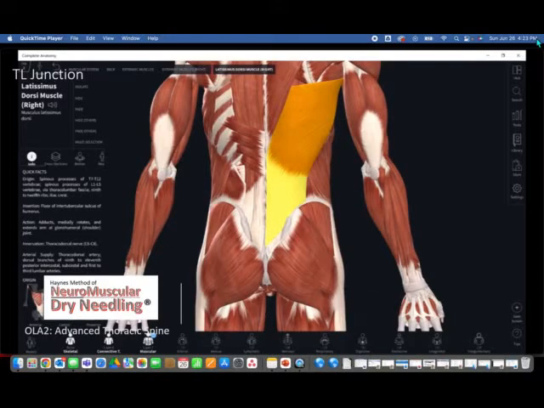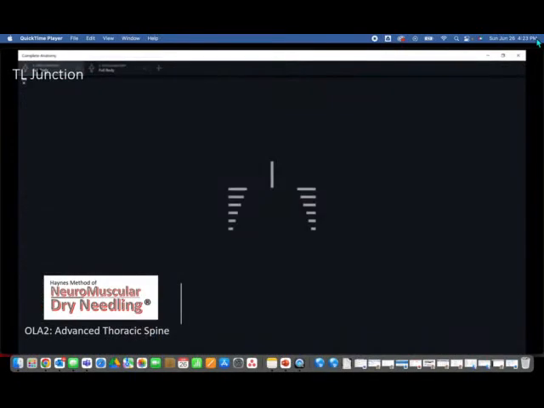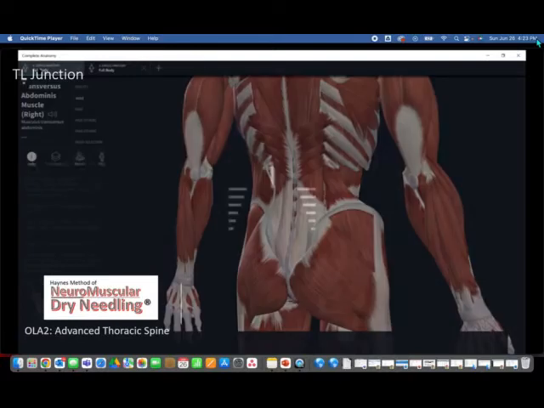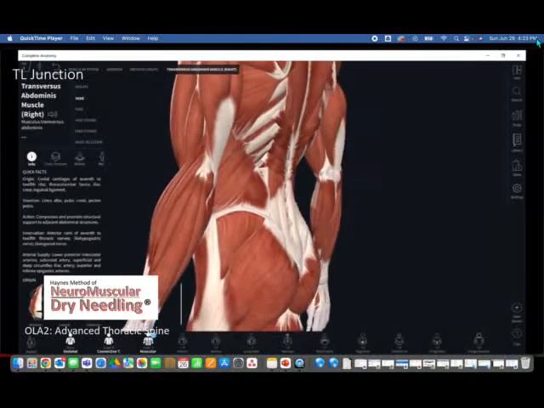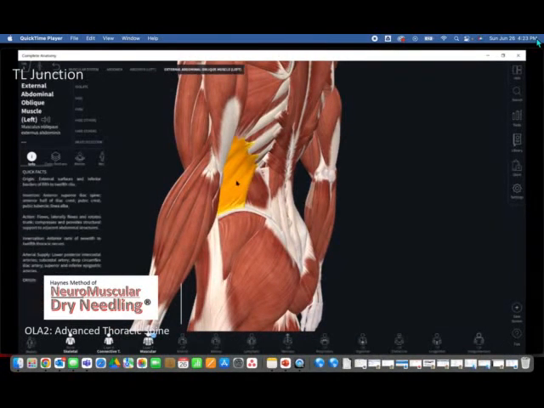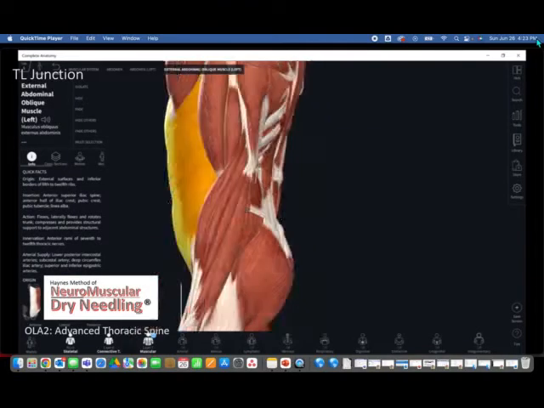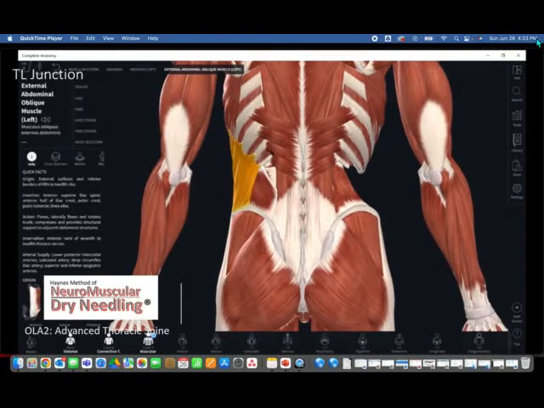And then finally moving down to our tertiary locations, we'll look at the internal and external obliques, and then transversus abdominis, definitely contributors to issues related to the TL junction.